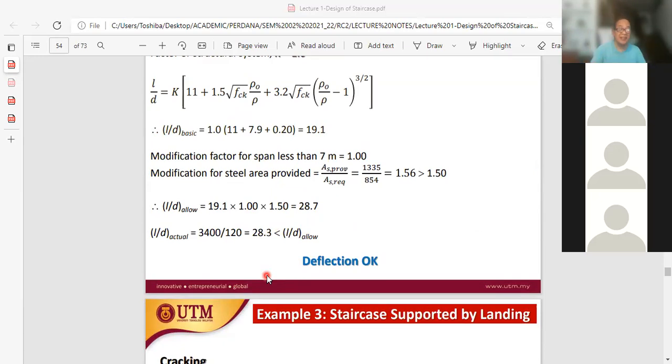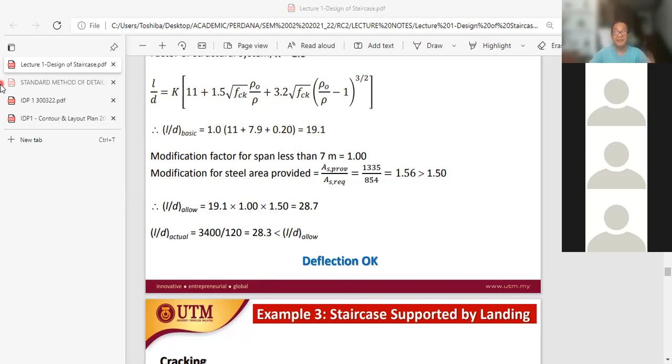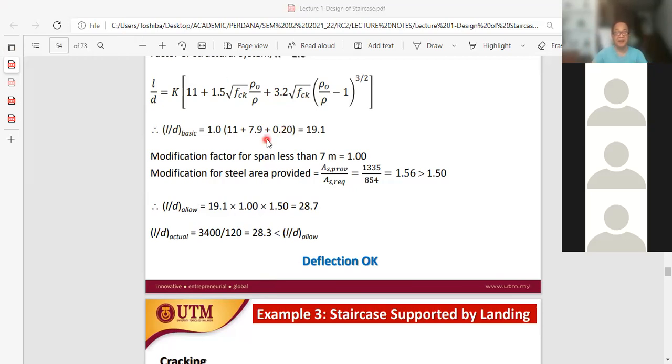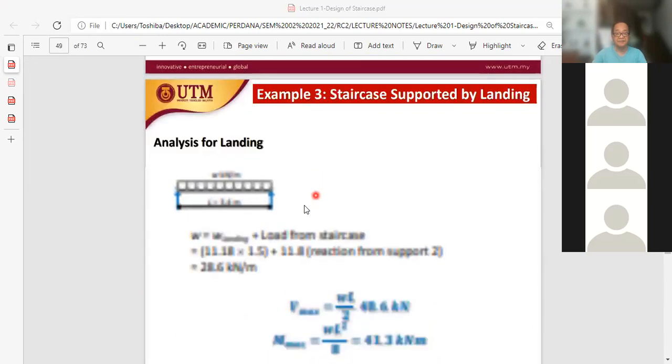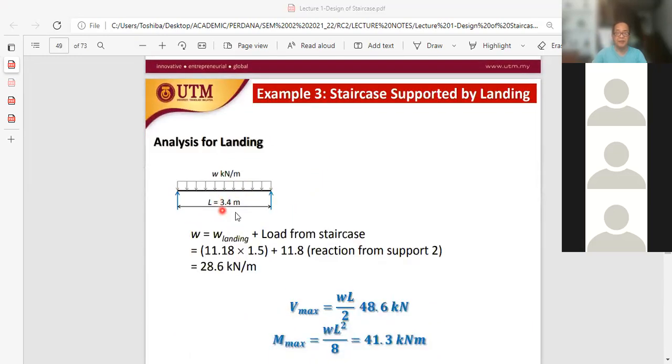Too close, terlalu hampir. Bermakna the 150 mm thickness tu sebenarnya we can go for 175. Okay, 175. Kalau tengok dia punya span 3.4 meter. Untuk inilah untuk landing 3.4.